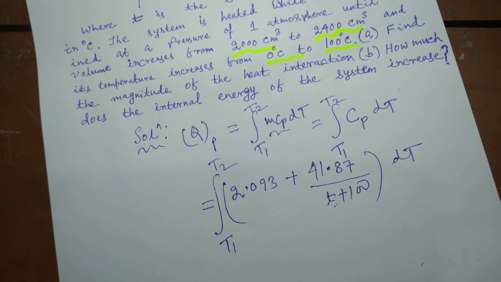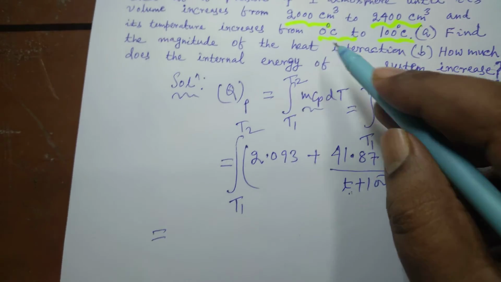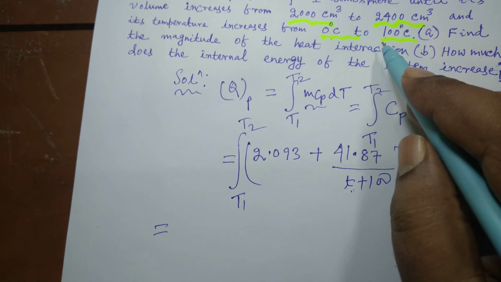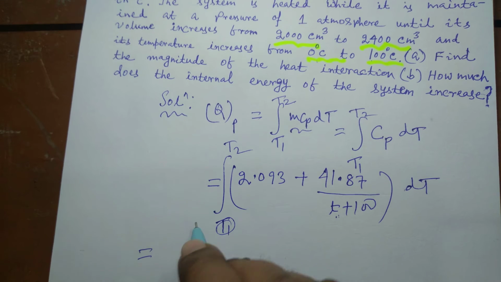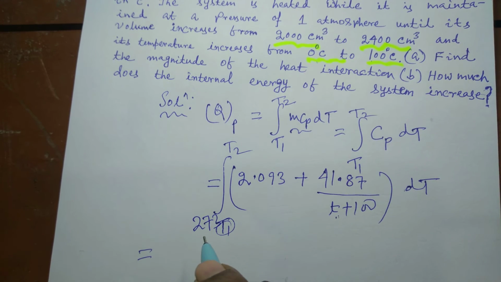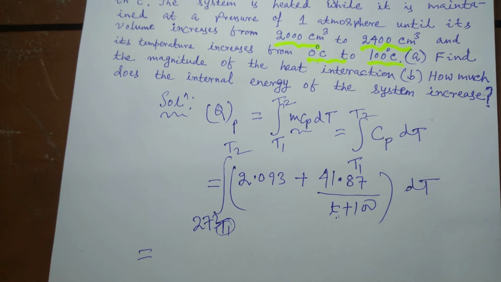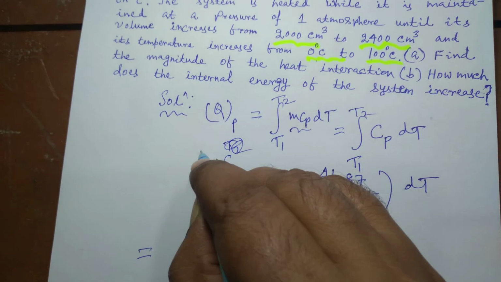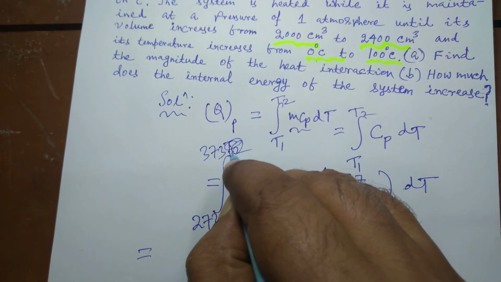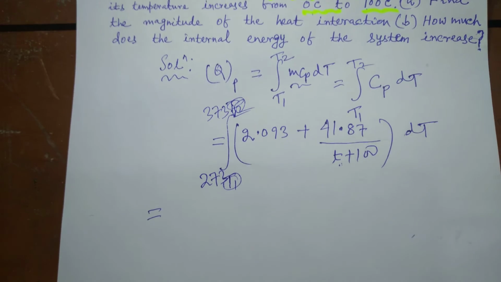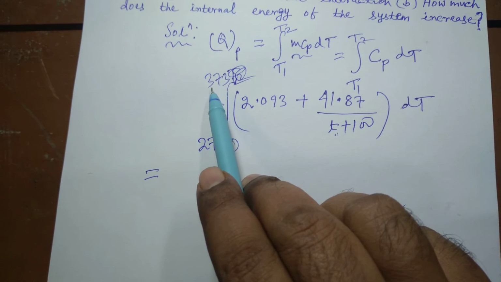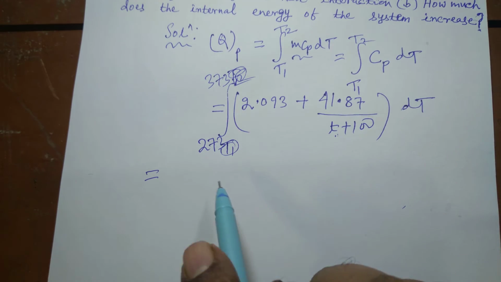You see T1 is from 0 degree Celsius to 100 degree Celsius. In terms of absolute temperature, 0 degree Celsius would correspond to 273 Kelvin, and 100 degree Celsius would correspond to 373 Kelvin, because 0 degree Celsius is equal to 0 plus 273 Kelvin, and 100 degree Celsius would be 100 plus 273, 373 Kelvin.